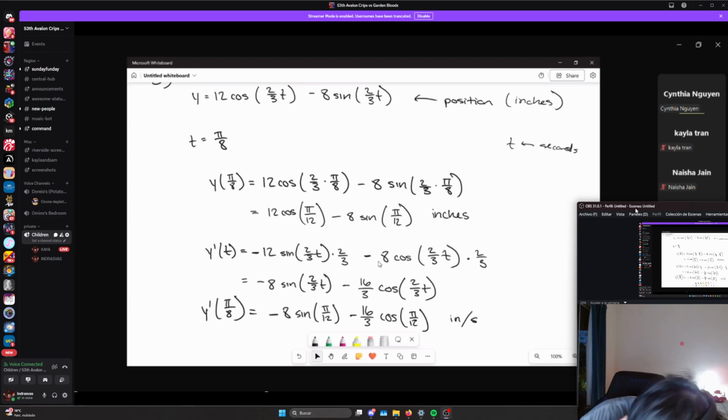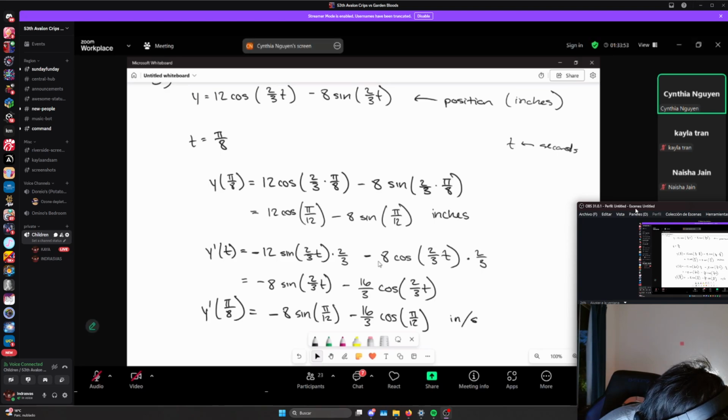Then you take the derivative of the inside, which is 2/3, and multiply it to the thing before. So that's why there's this extra 2/3 floating outside. And that minus sign is from the derivative of cosine being negative sine. Okay. Thank you.